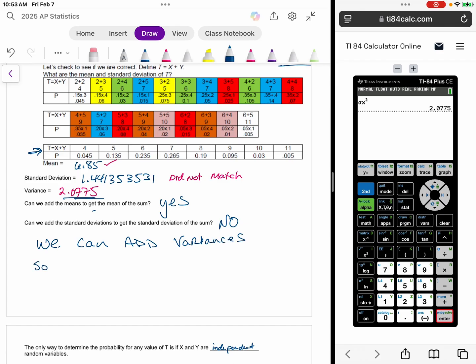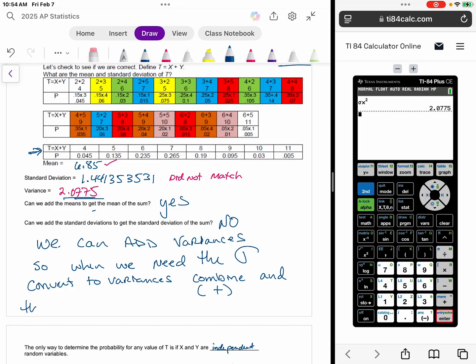So, when we need the standard deviation, convert to variances, combine, where I basically say we're going to add, and then take the square root.